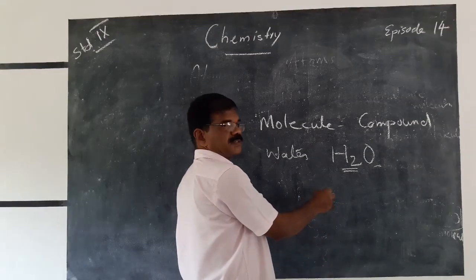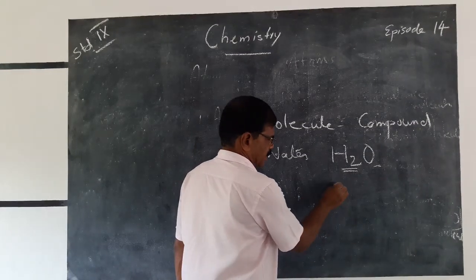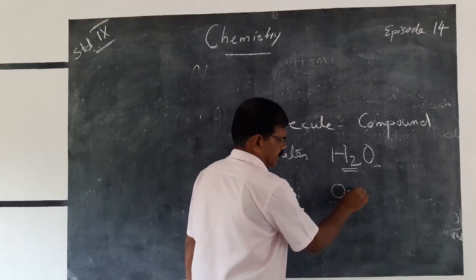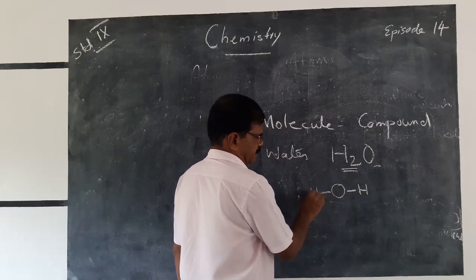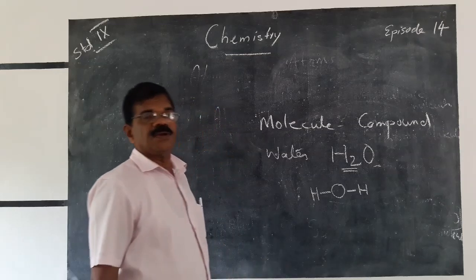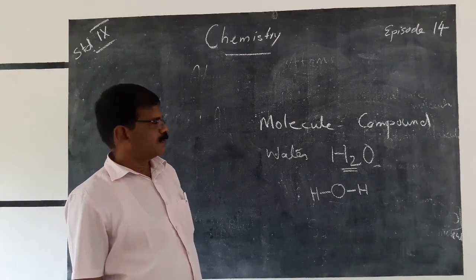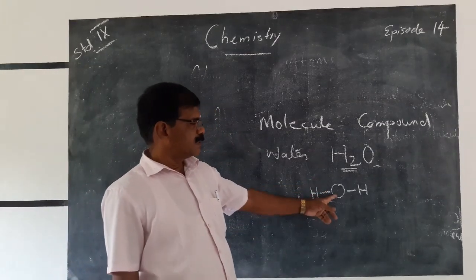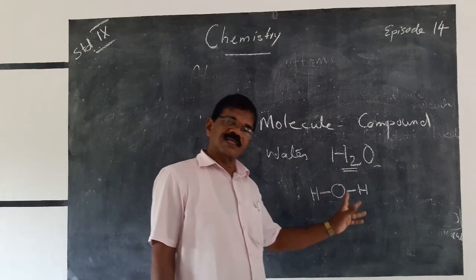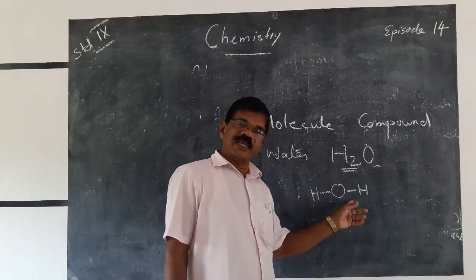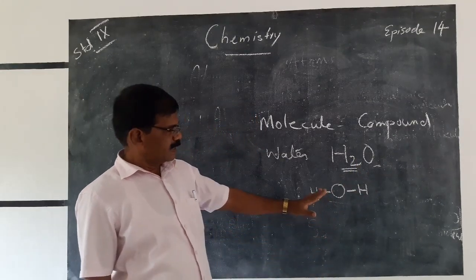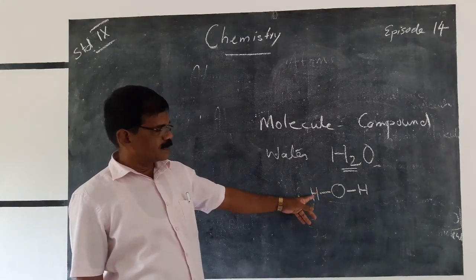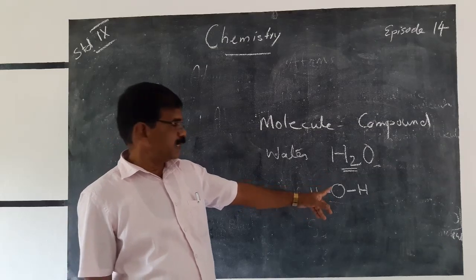Do you know its actual structure? This oxygen atom is chemically bonded to 2 hydrogen atoms. This is the actual structure of the water molecule, HOH. For convenience, we always write it as H2O. Here, the 2 hydrogen atoms are chemically bonded to the oxygen atom.